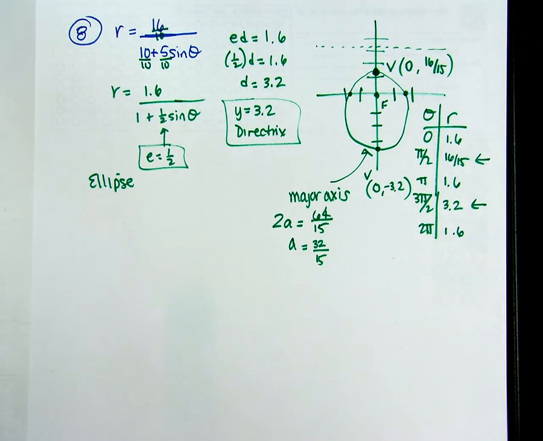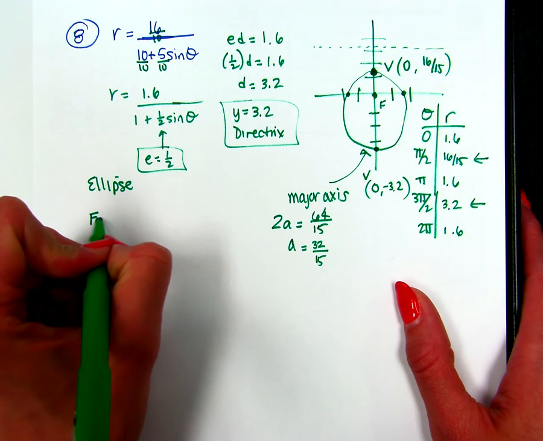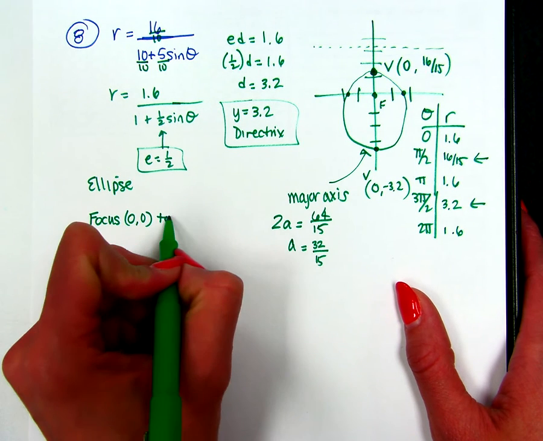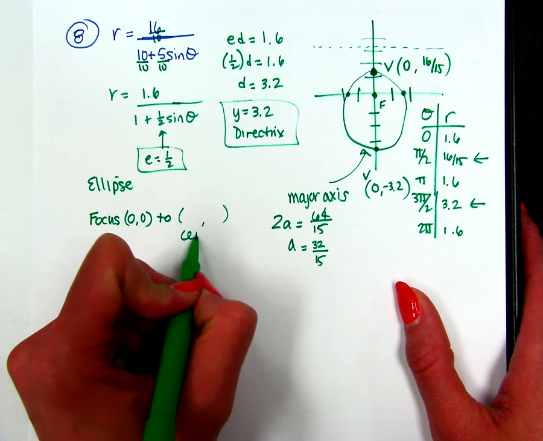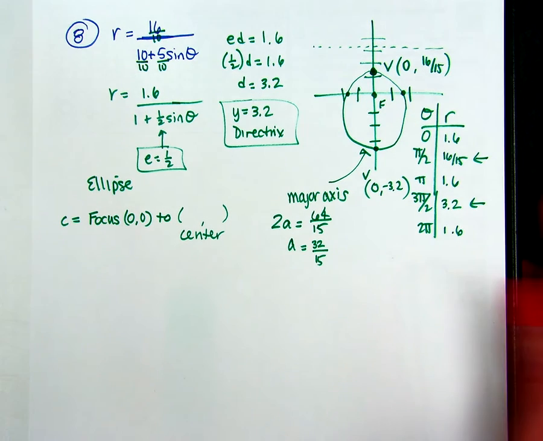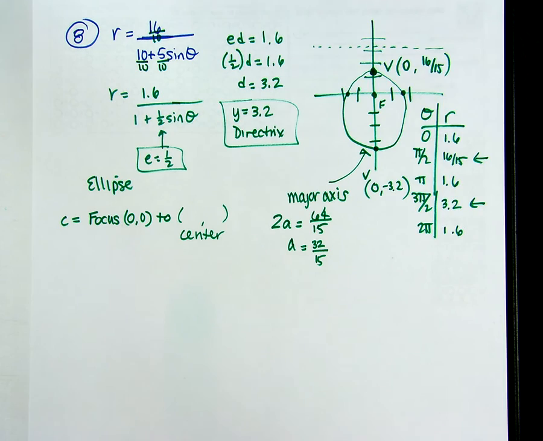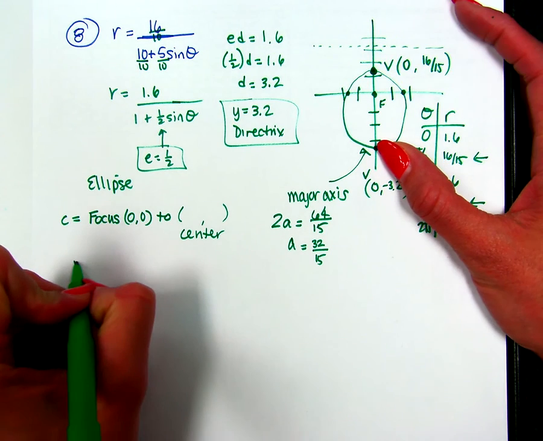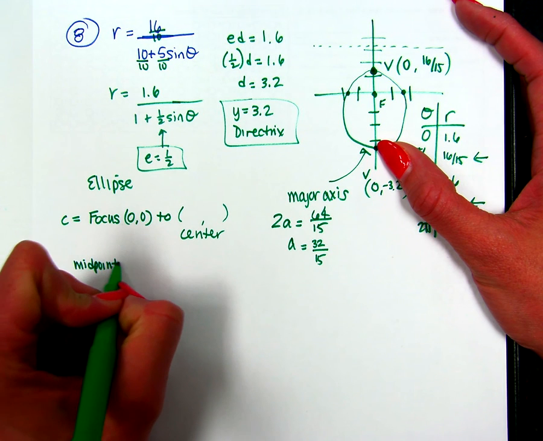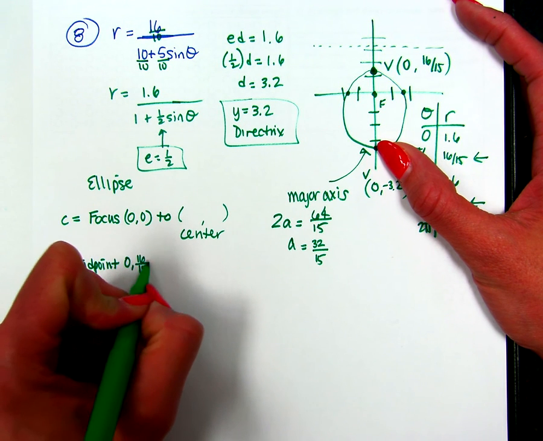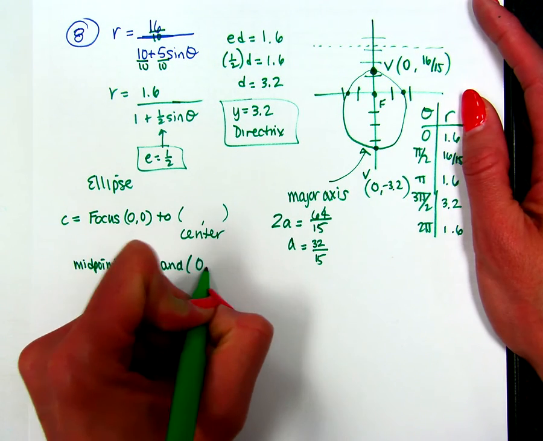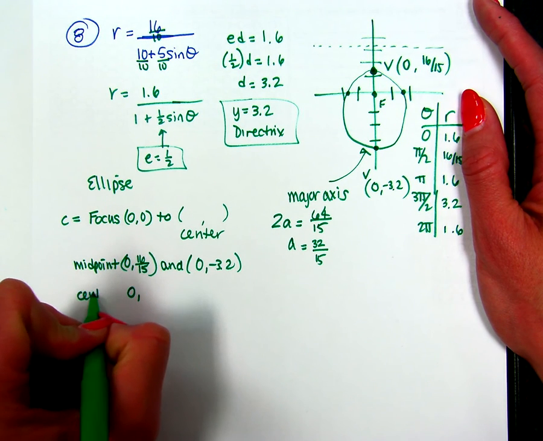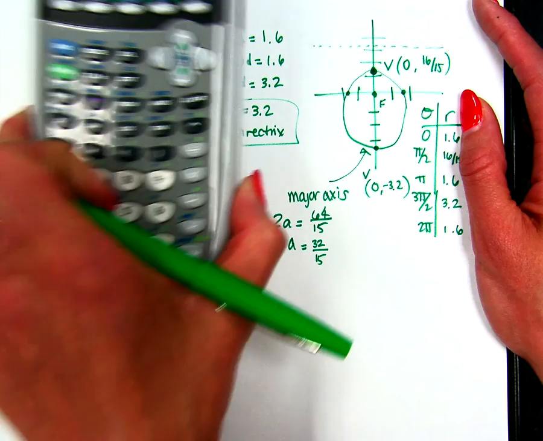All right, we also know that the distance from one of our focal points, which is 0, 0, to the center should be equal to c. So now it means we need to find our center. Now our center should be the midpoint of the 2 vertices. So if I find the midpoint between 0, comma, 16/15 and 0, comma, negative 3.2, that's going to give me 0, comma, and then I have to add them up and divide by 2.